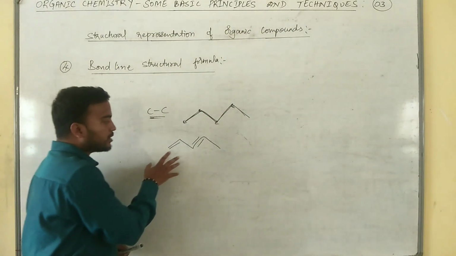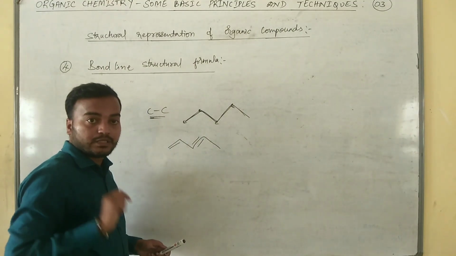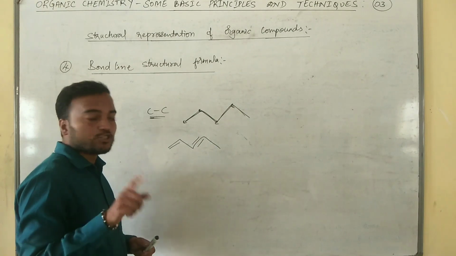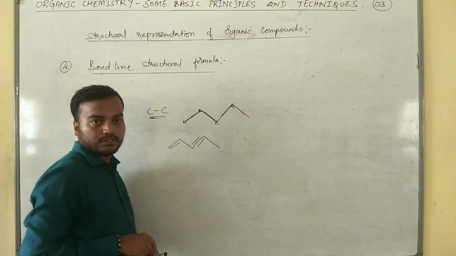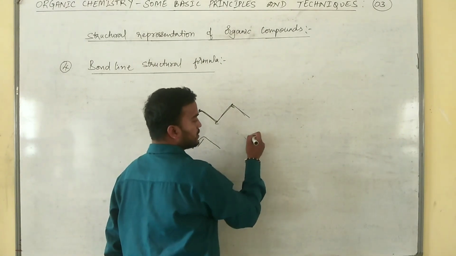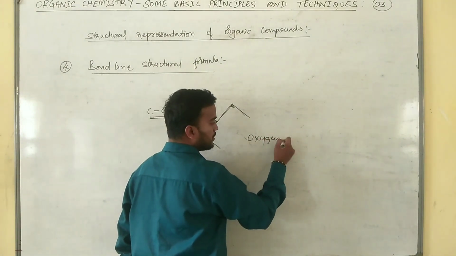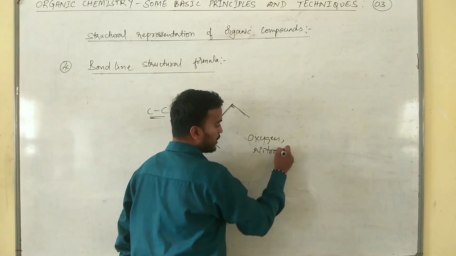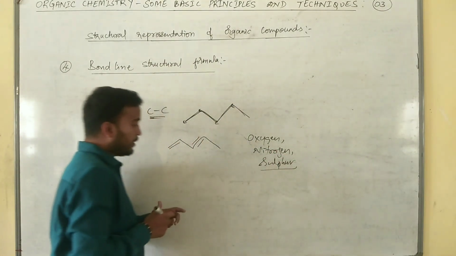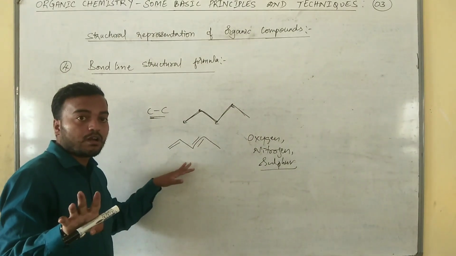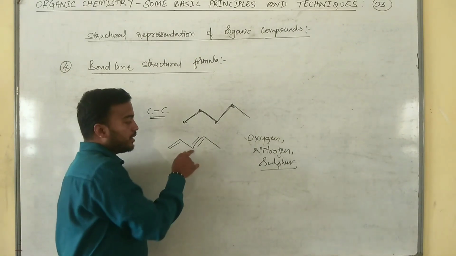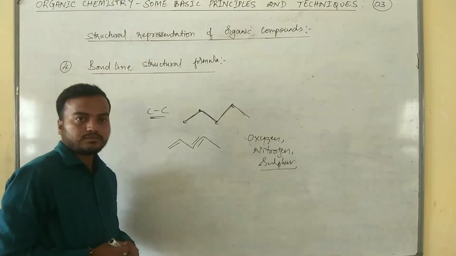Carbon atoms are not shown, but all atoms other than carbon and hydrogen are shown on the zigzag lines. All the atoms other than carbon and hydrogen means it may be oxygen, or nitrogen, or sulfur.